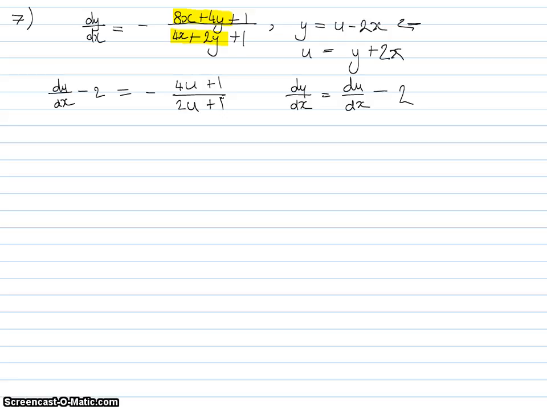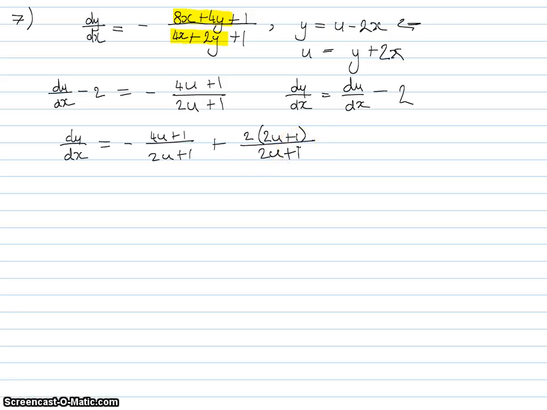So this is good. What do we do now? Well, we make du dx the subject of the equation. So du dx is equal to negative 4u plus 1 over 2u plus 1 plus 2. But as with our previous example, 2 isn't particularly useful to us, so we get rid of that and we replace it with 2 times 2u plus 1 over 2u plus 1.